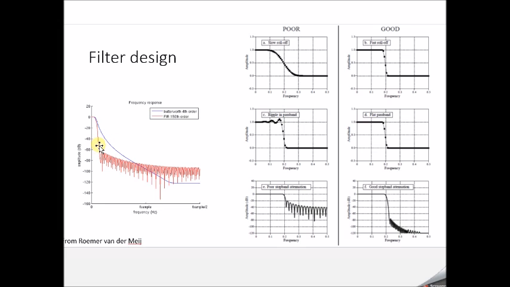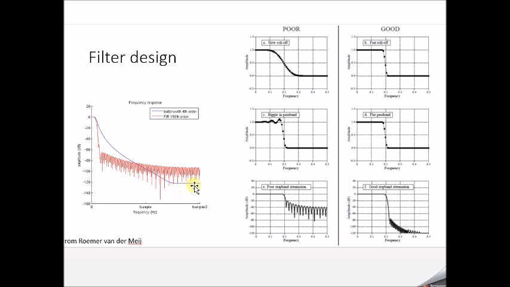The red filter, the FIR, finite impulse response filter, has a very steep roll-off in its transition from passband to stopband, so that's generally more ideal than the blue filter here that has a much larger transition between passband and stopband.